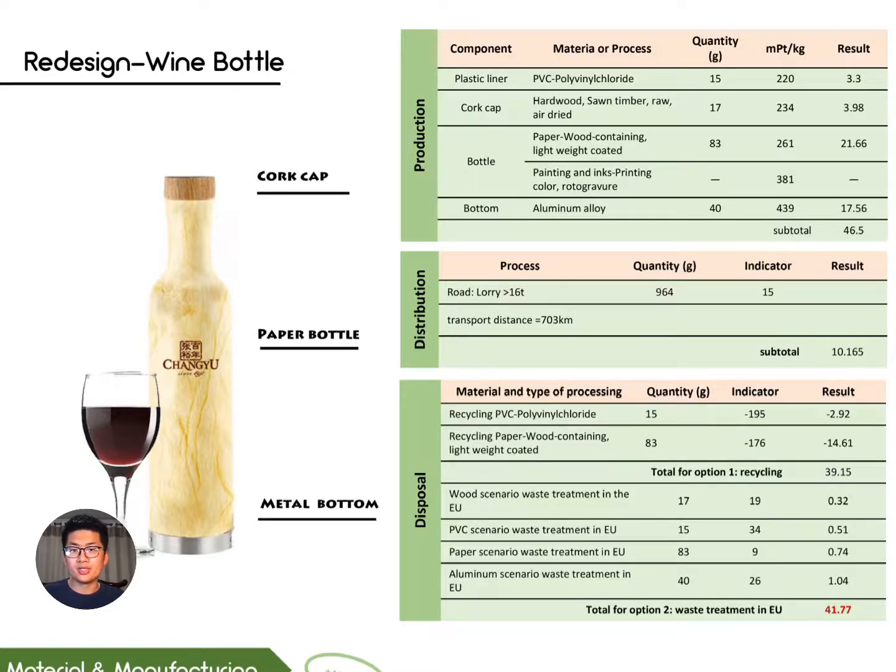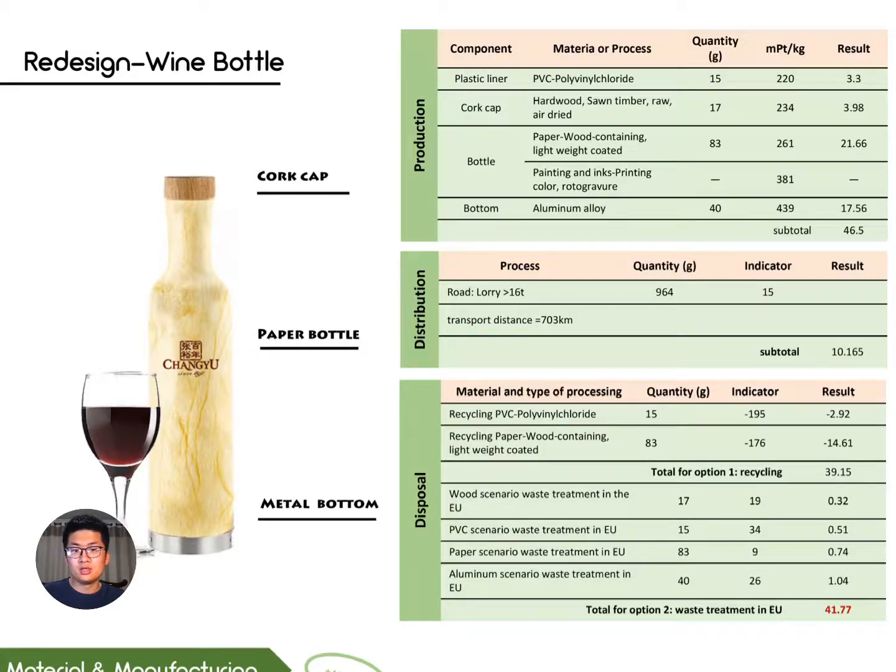Therefore, in the redesign section, our group focused on improving the materials of wine bottles. Through research, we found that Ningxia, where the Zhangyu Jiebaina wine is produced, is one of the major bamboo producing areas in China. So we planned to use paper made of bamboo as the material of the wine bottle.